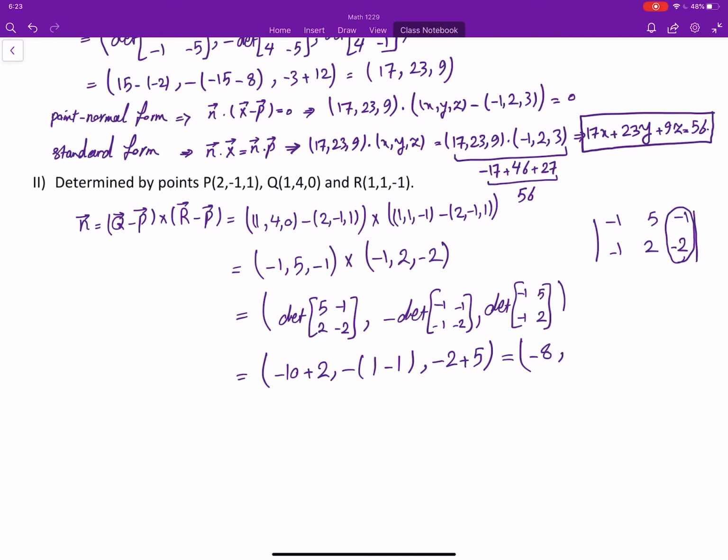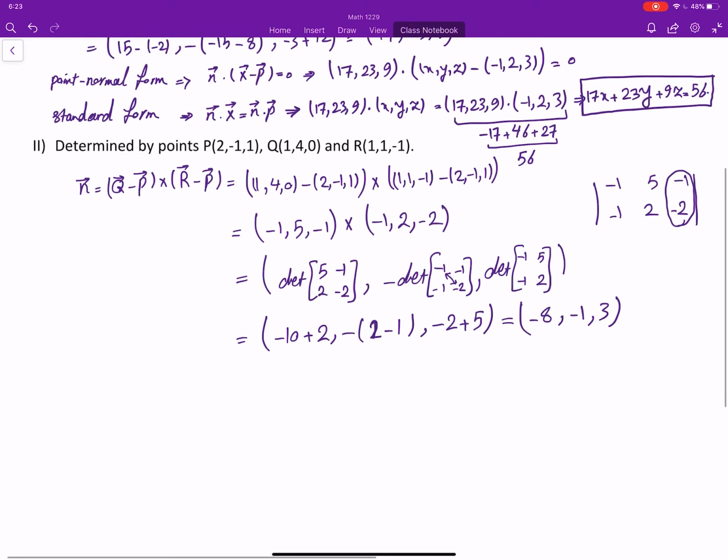Sorry, here this is -2 plus 2, minus -1 times -1, which gives us 2 minus 1. So this is -8, this is -1, and this is 3. We found n, we have p, so we can write the point normal form.